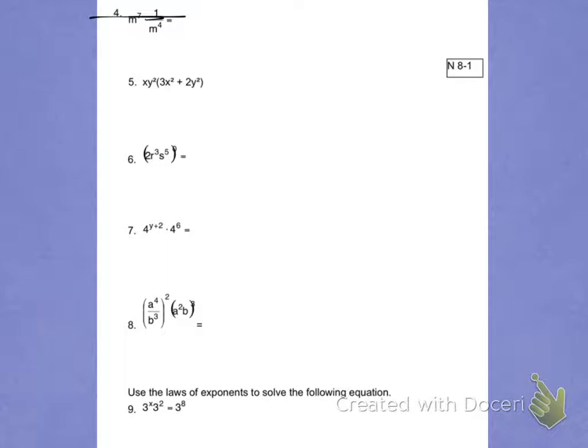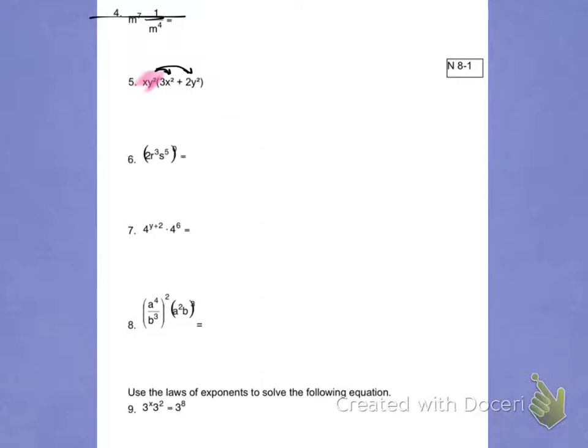Alright. Now, this is a distributive property problem. We have all of this piece here, this x y squared, and that's got to be multiplied by each of those elements in that binomial. So I'm going to write all that out just to show you how that goes.